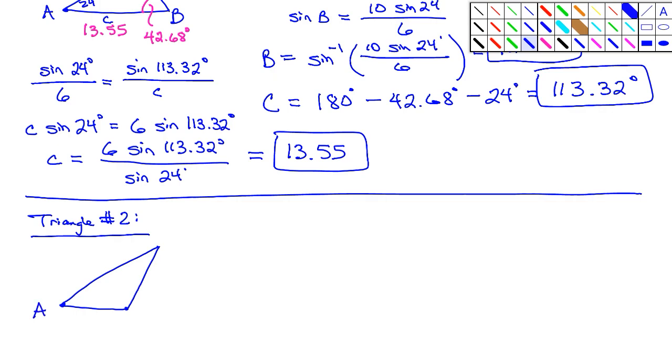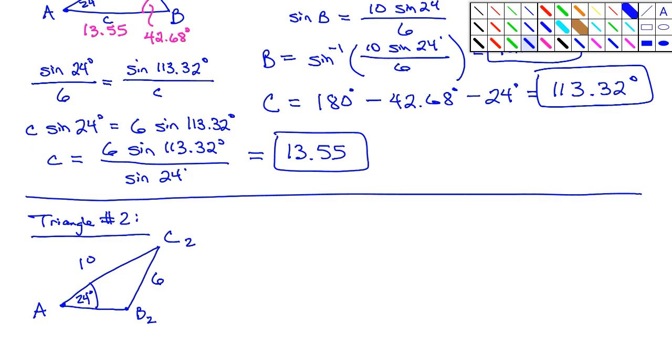Here's the A. This is now going to be B2 for the second triangle, C2. We had a side of 10 and 6 for the A and 24 degrees for the angle A. Now the question is, how do we find angle B2?